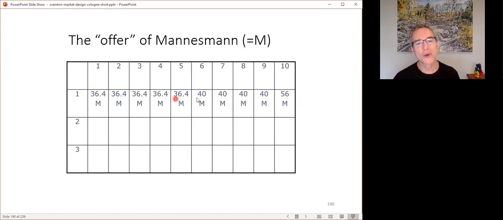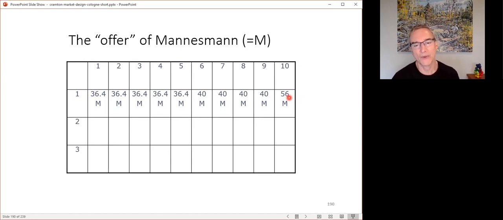So why is this so clever? There are 2 bidders, Mannesmann and T-Mobile. Telecom basically sees that they're bidding simultaneously, and telecom bid just the minimum on some blocks.